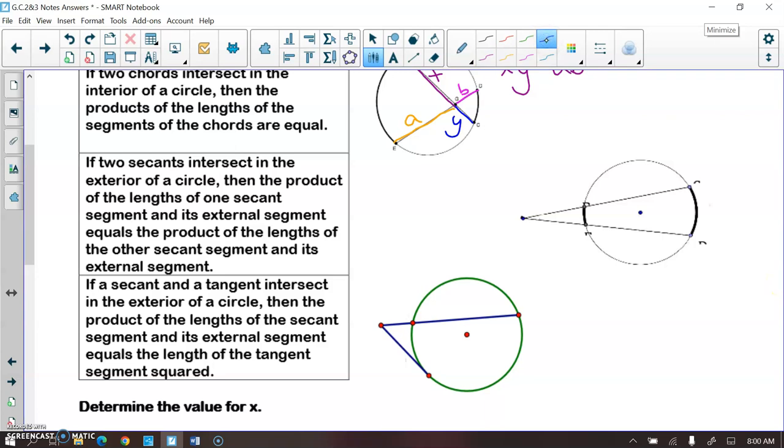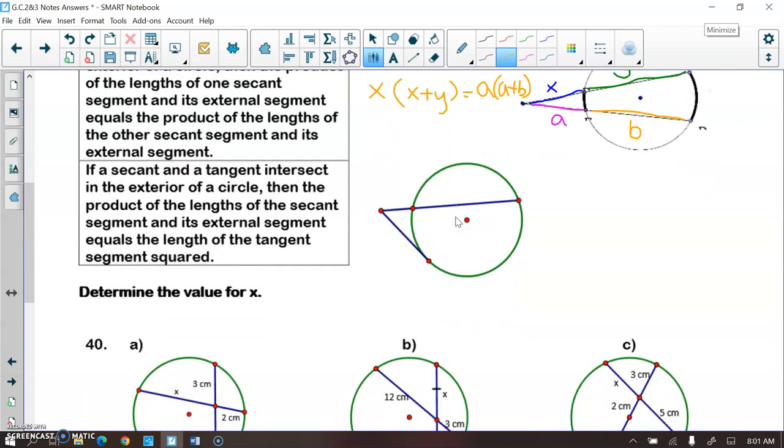What that means is that if I labeled this X and this Y and this A and this B, then X, which is the outer portion of that upper secant, times the whole secant, X plus Y, would be equal to the outer portion of the other secant times that whole secant, A plus B.